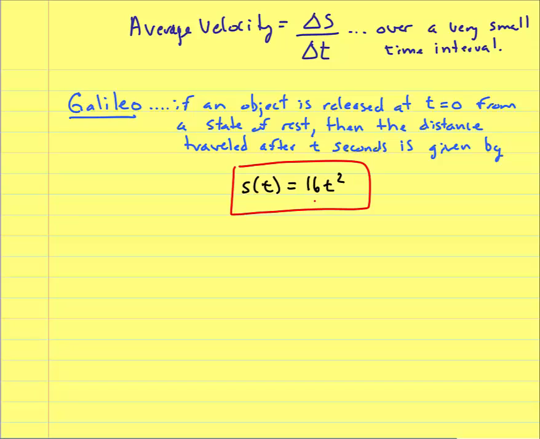Now if I were to graph this, S sub t equals 16t squared, this is just a parabola that opens up. It's very wide and it's centered at the origin. So this is the total time traveled. Now if we look at this parabola, if we start at t equals 0, this half of the parabola doesn't really make sense, because this would be negative time over here, because my t values would be negative.